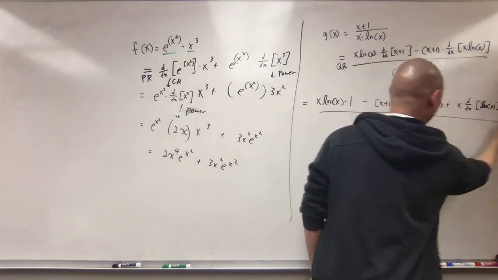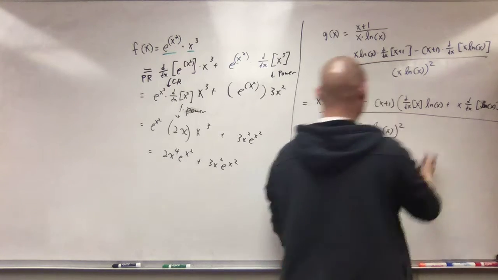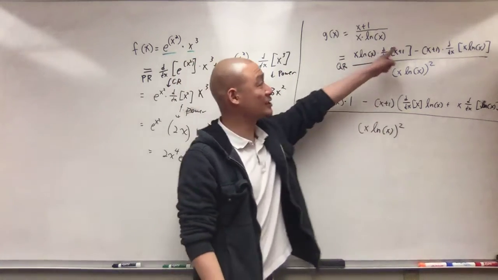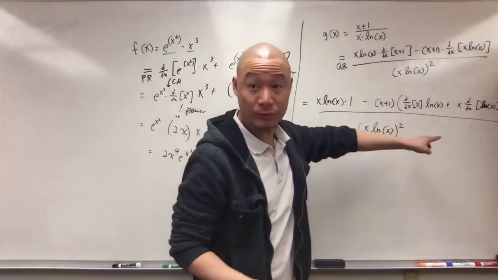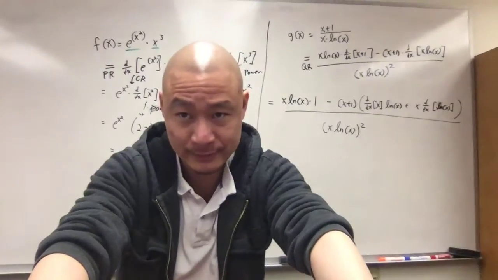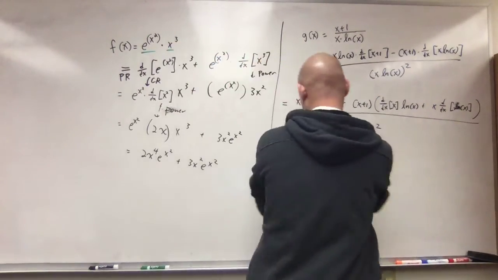And this is all over x natural log of x, squared, right? So once something's differentiated, I leave it alone, right? I'm not doing anything to it. Oh, that ran off the board a little bit. Let me adjust.